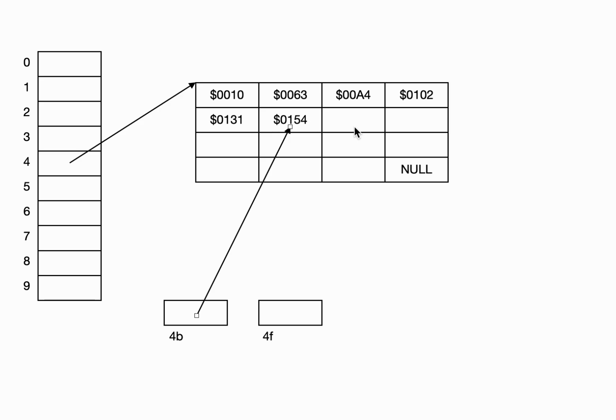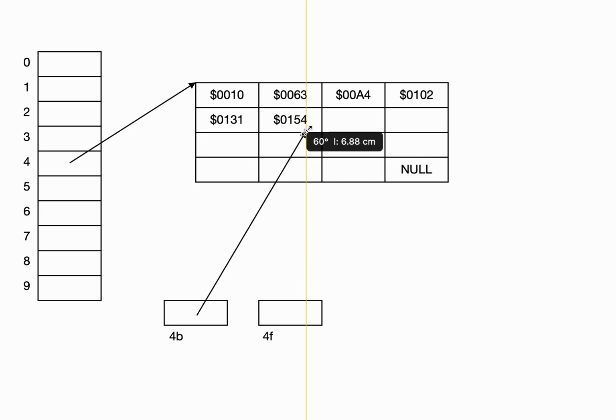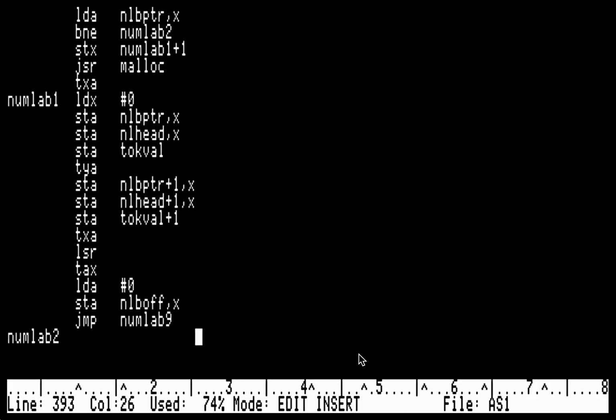Okay, we move this forward by increasing the offset, and check and see if the offset is 30 or not. If the offset is 30, we've just moved it here, and we need to allocate a new space. If the offset is not 30, then we just move it here, and we can just return this as the place that we need to store the value of the label at. Okay.